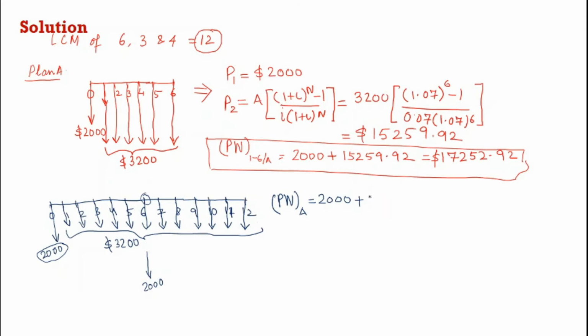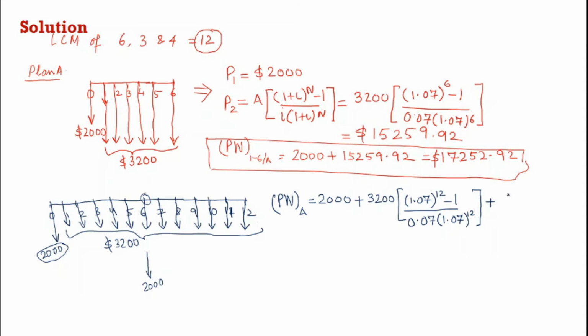So if I just directly write down the relation, it will be 3200 times (1.07 to the power 12 minus 1) upon 0.07 times 1.07 to the power 12, bracket close. So what I have done here, I have converted all these annuities into present point of time, and we have another transaction at the end of year 6, so treating this to be the future worth.